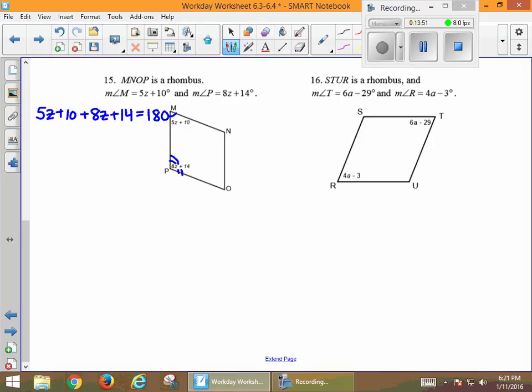Combine like terms on the left side. 5z plus 8z is 13z. 10 plus 14 is 24. And it is still equal to 180. We will subtract 24 on both sides. 13z is equal to 156.